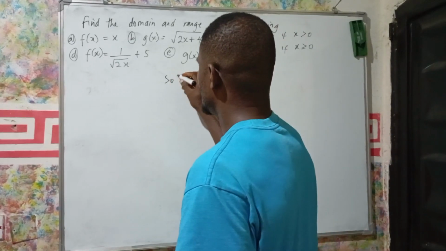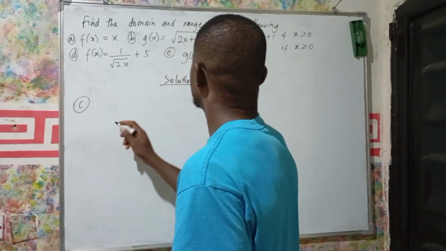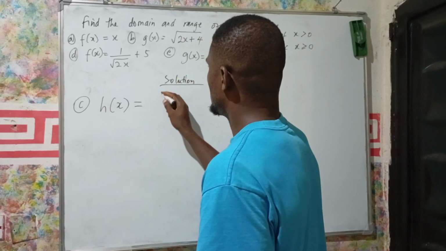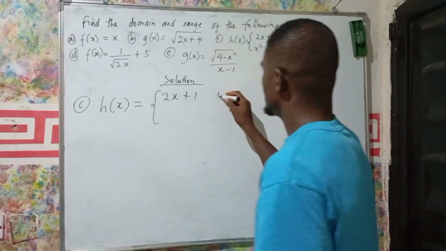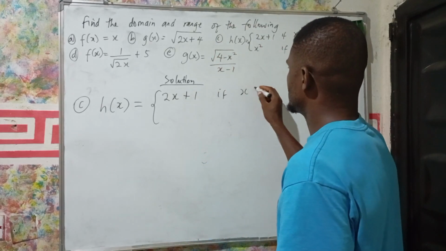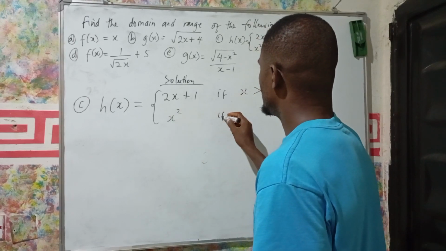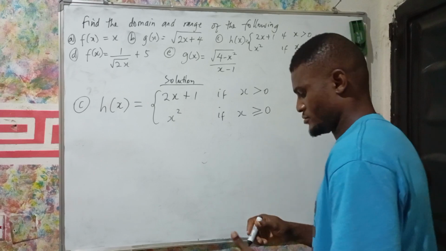So for the third, for our C, we have that h of x is equal to 2x plus 1 if x is greater than 0, and x squared if x is greater than and also equal to 0.